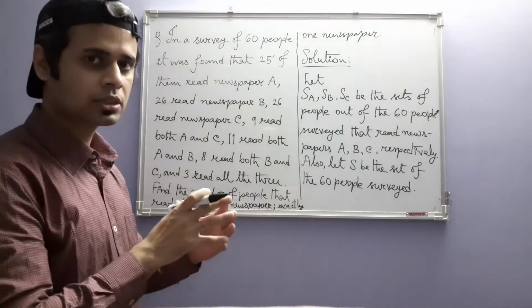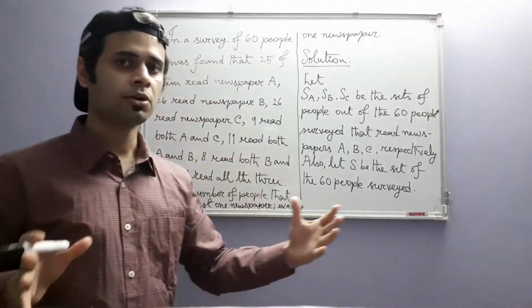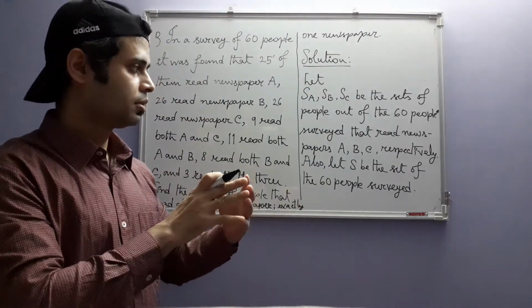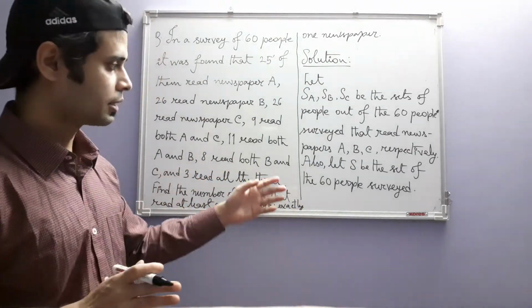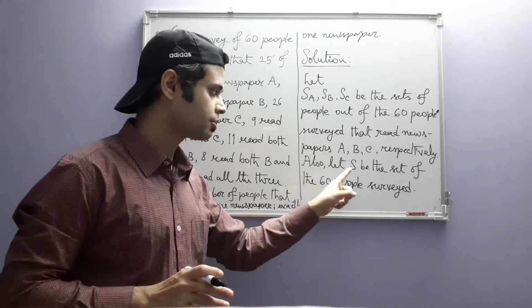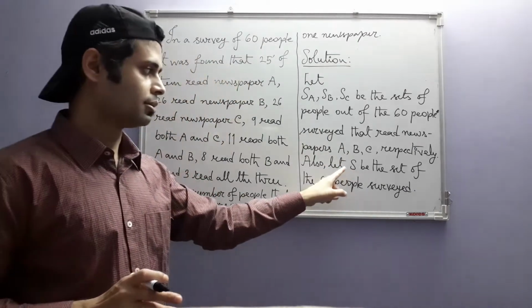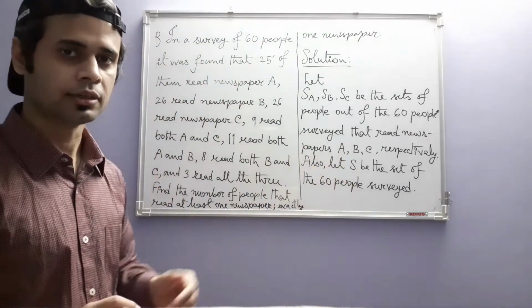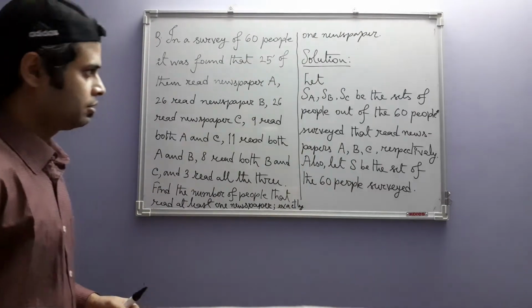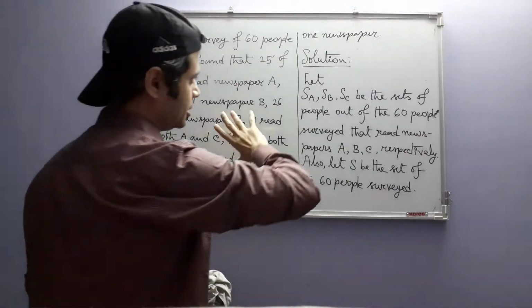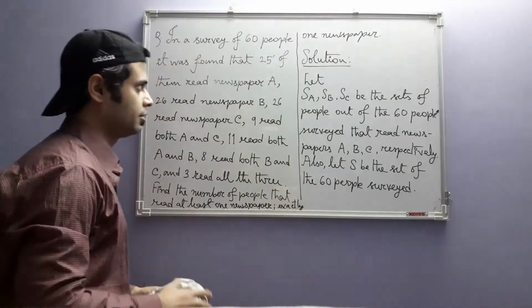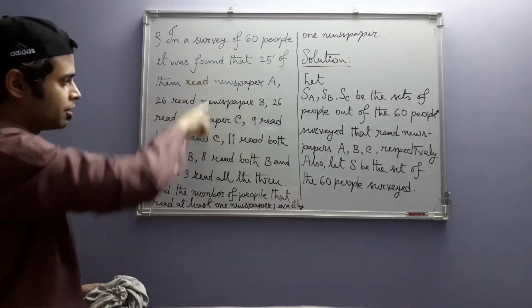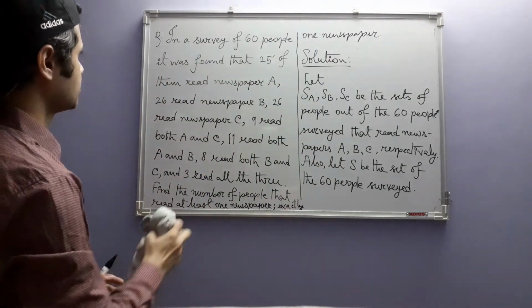Okay, we consider the set of all the people who have been surveyed. That collection also we are naming, and we are considering that as a set. Right now, given that these sets have been defined, what do we know from here? What is given to us?